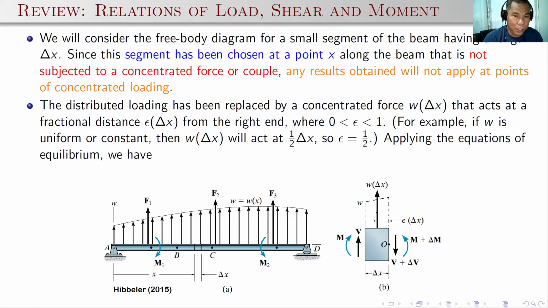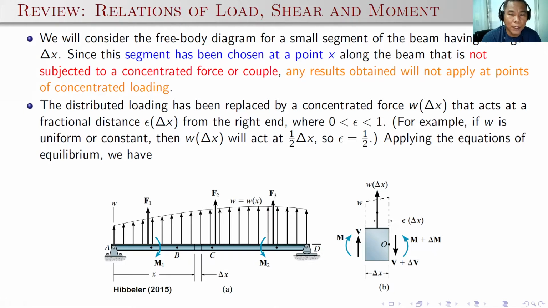Here we will consider the free-body diagram for a small segment of the beam having a differential length, delta x. This segment has been chosen at a point x along the beam that is not subjected to a concentrated force or couple. Any results obtained will not apply at points of concentrated loading.